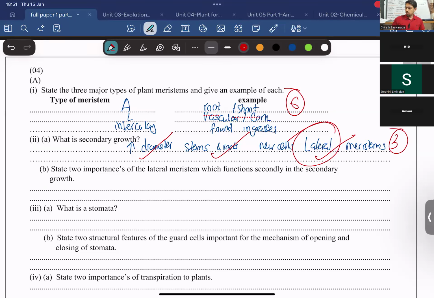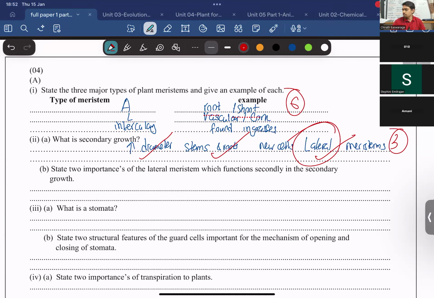Okay, right. State 2 importances of lateral meristem, other than secondary growth. So what are they asking? I mean, it can be a bit complicated.